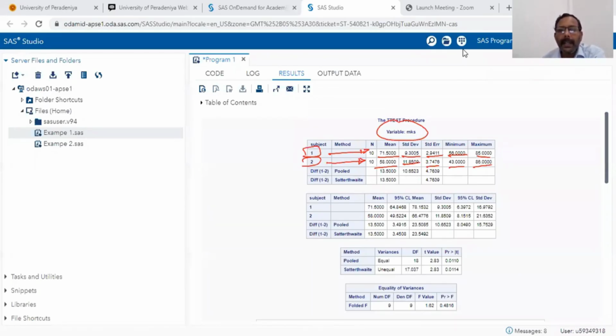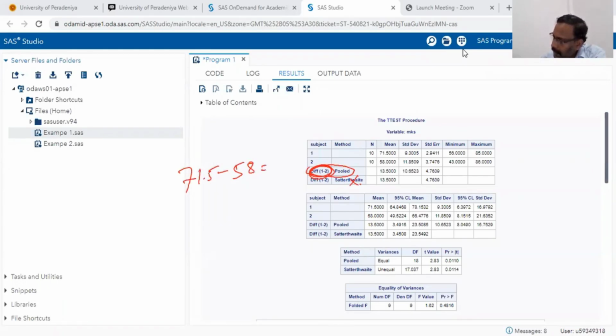Right? The next step, in the same table, we have to go for the pooled t-test, not the Satterthwaite test. We shouldn't look at the Satterthwaite test. We will go for the pooled t-test. So the mean difference, 1 minus 2, means 71.5 minus 58, that is equal to 13.5.